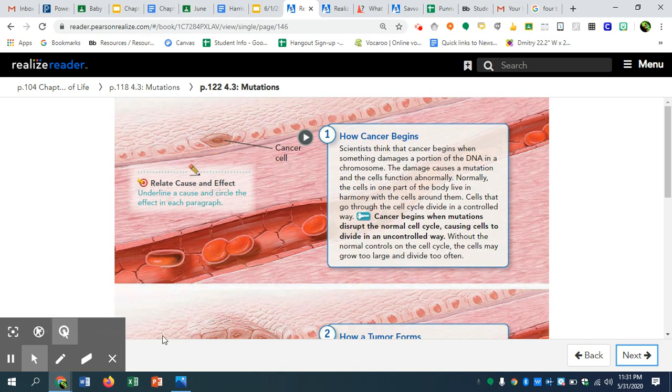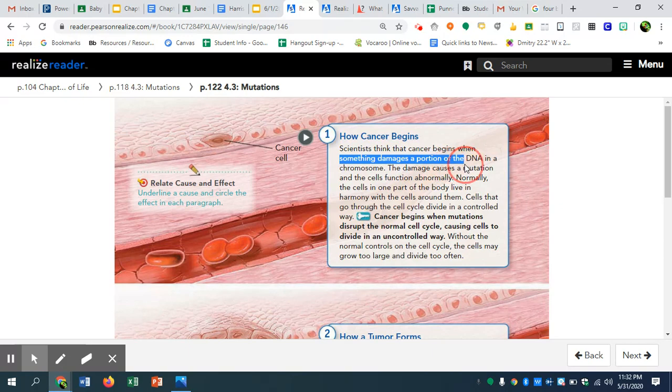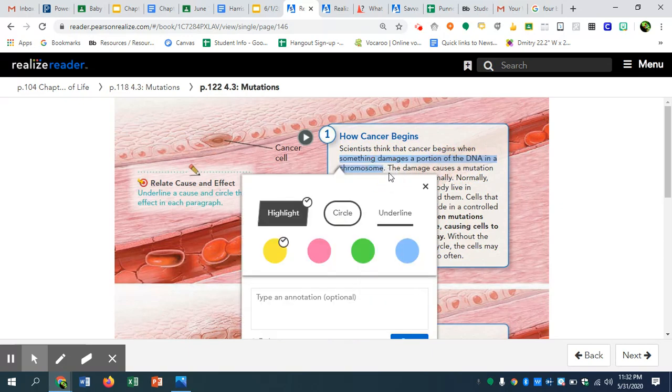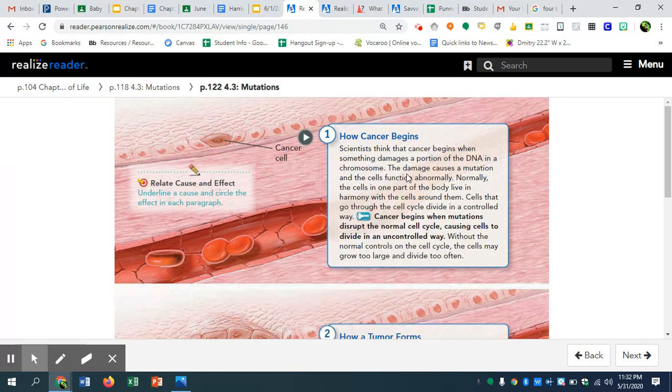So the cause in this first paragraph is something damages a portion of the DNA in a chromosome. Okay. The effect is the damage causes a mutation. Okay. So let's write that down. Something damages a portion of the DNA.